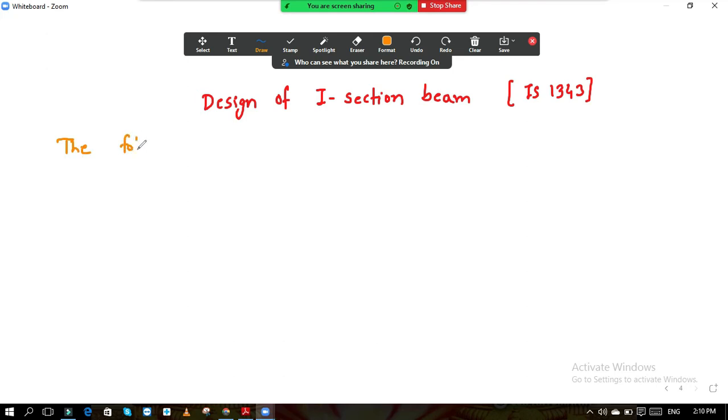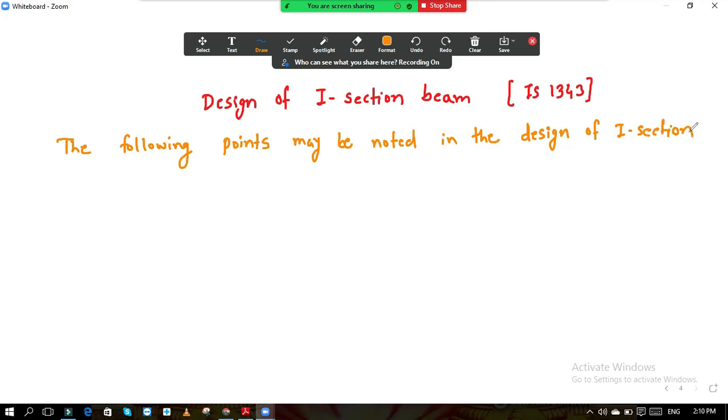The following points may be noted in the design of I section prestressed concrete beam.